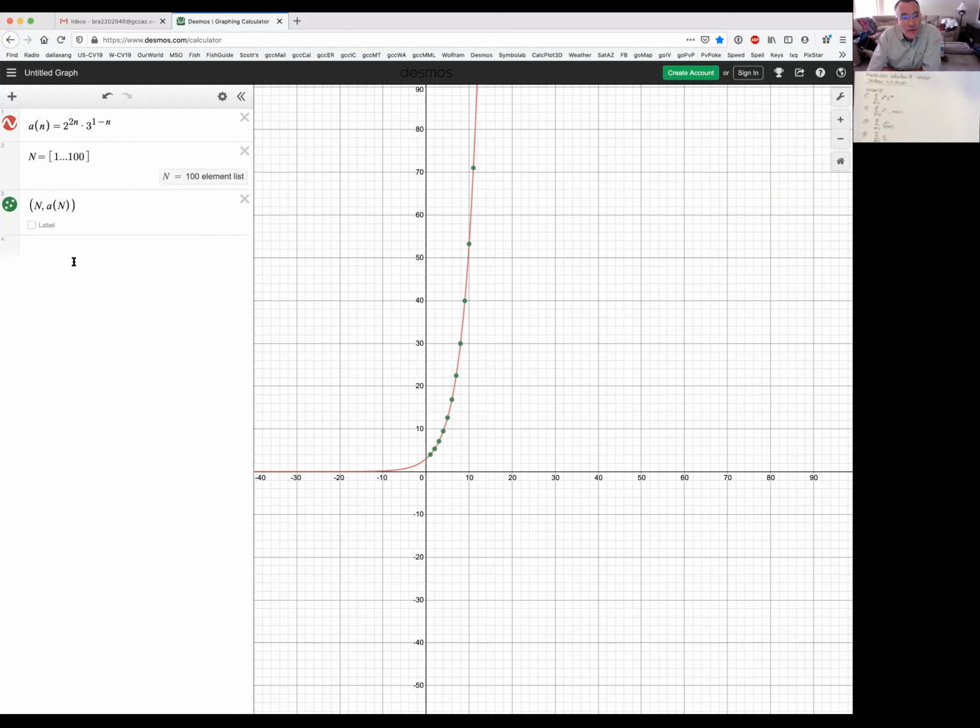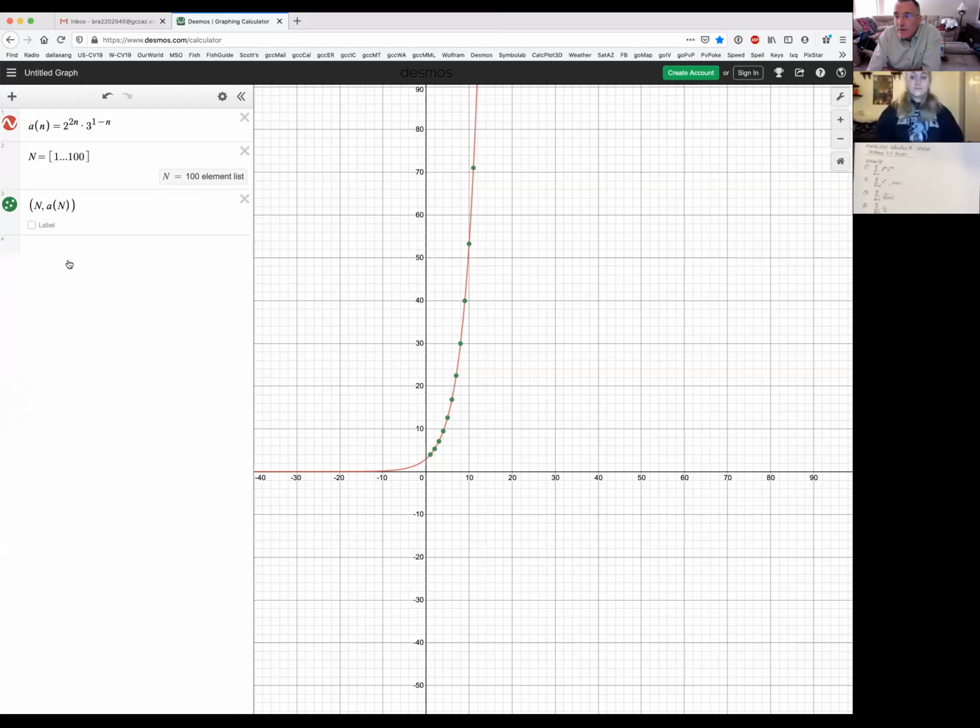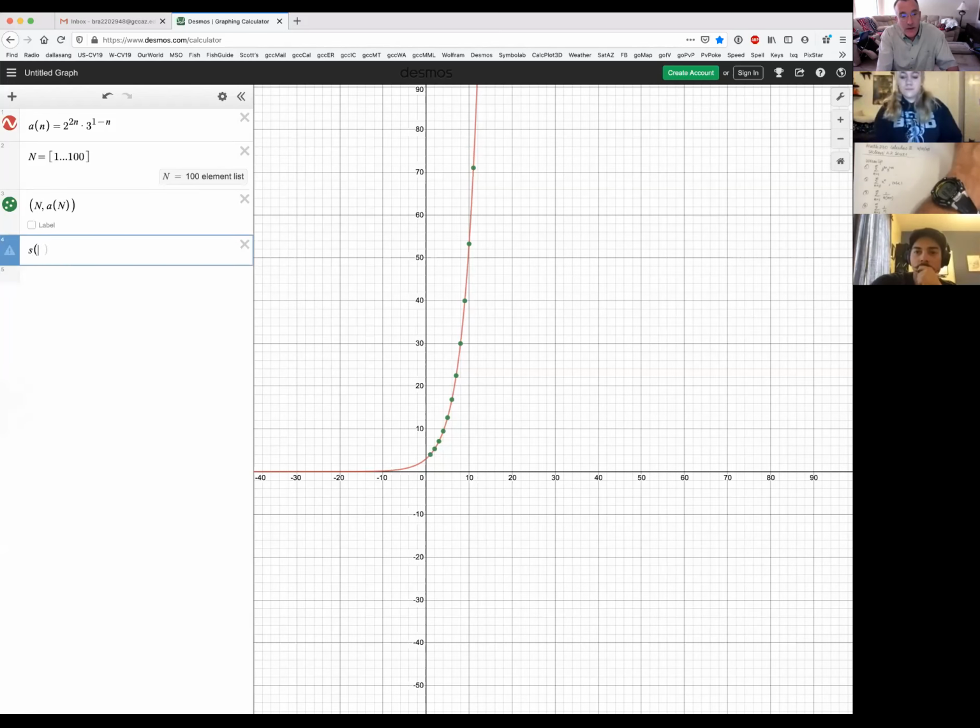If you'd like to look at the sums, then what we want to do is look at the partial sums. So we're going to say the sum of the first n values is equal to the sum, and I have to use a different letter here, i equals 1 to n of a sub n.